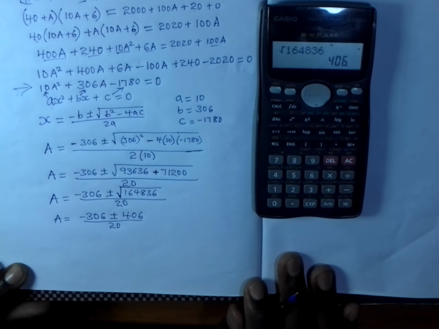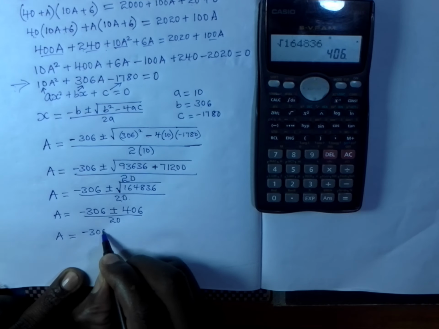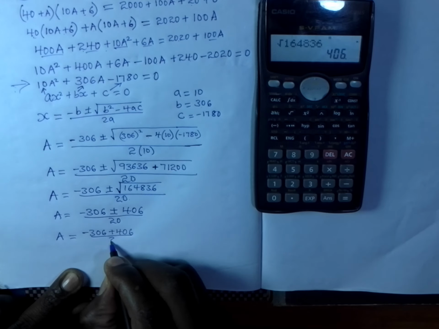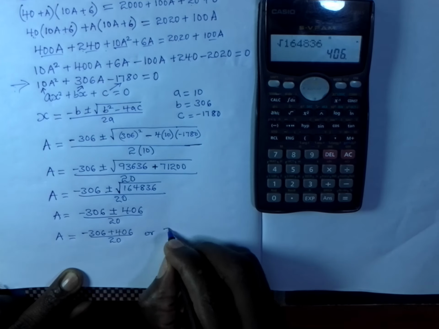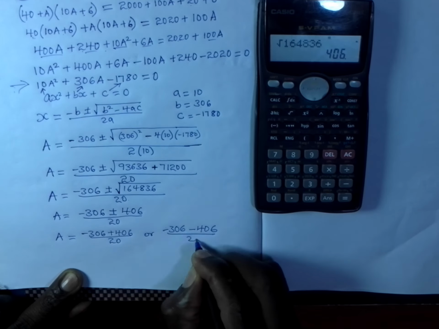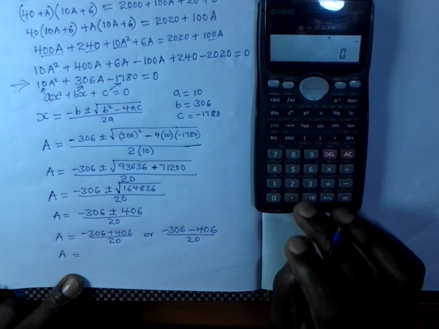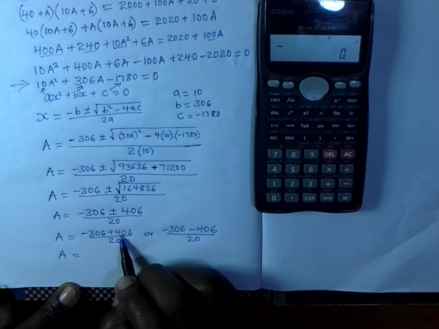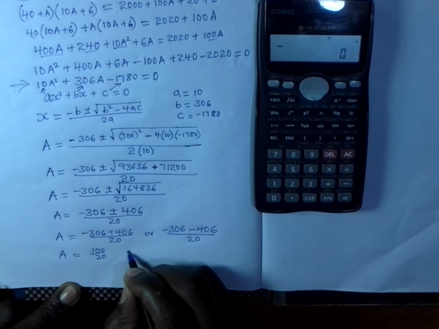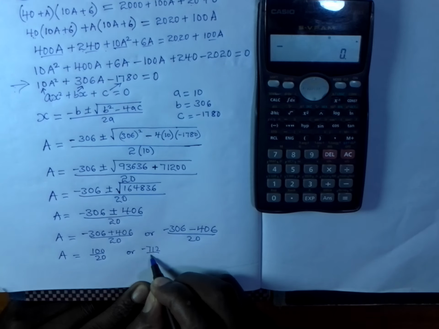So in this case, it is either minus 306 plus 406 all over 20, or minus 306 minus 406 all over 20. So we end up getting minus 306 plus 406, that will be positive 100 all over 20, or the other case will be minus 712 over 20.